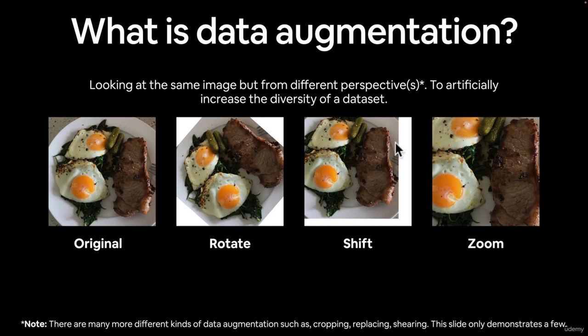If we wanted to shift it on the vertical and horizontal axis, we could apply a shift transform. And if we wanted to zoom in on the image, we could apply a zoom transform. There are many different kinds of data augmentation, such as cropping, replacing, shearing, and this slide only demonstrates a few.